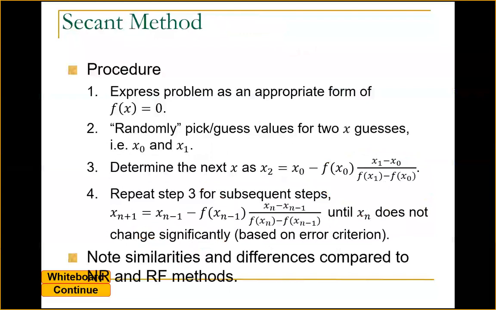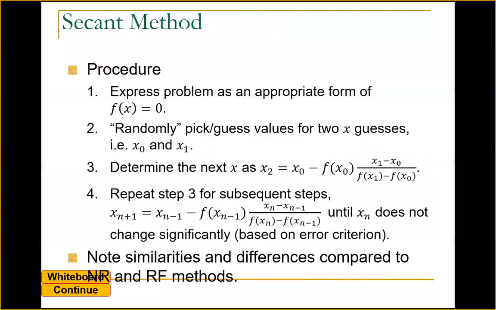Now the secant method, I like it because it's still an open method, but you're actually picking two values at first. You'll find that it seems similar to the false position method, but it's not exactly the same thing.